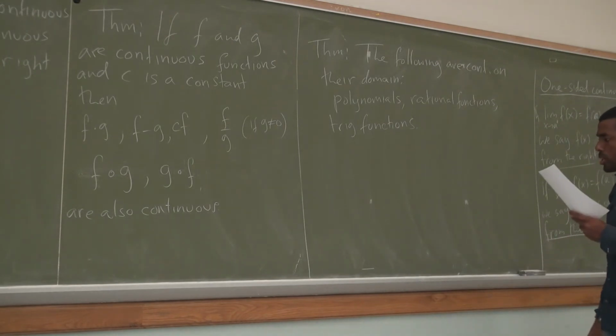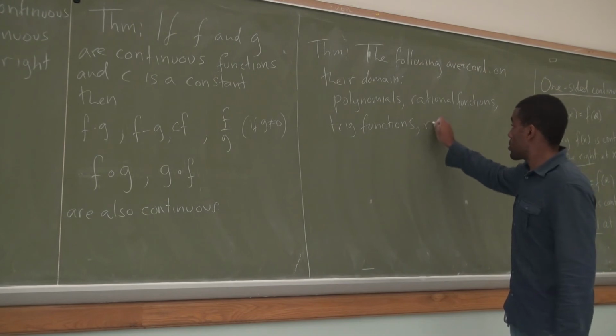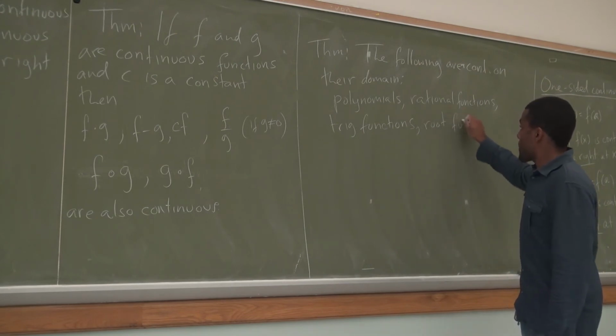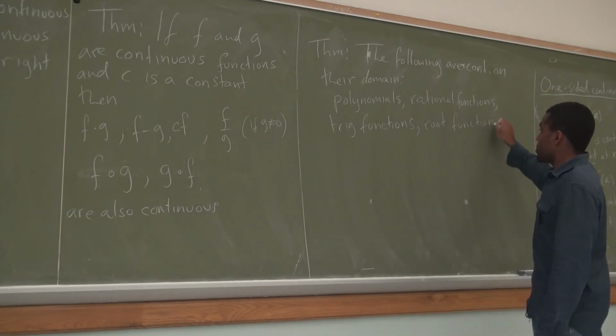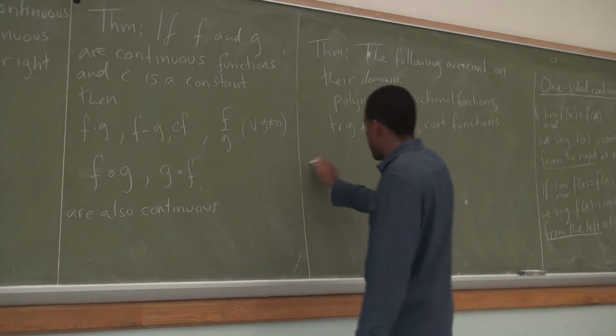Is that all the ones you care about? Well, root functions as well. Right, as long as you're within their domain, they're continuous. You can keep drawing them without lifting your pencil off the page. Another theorem.